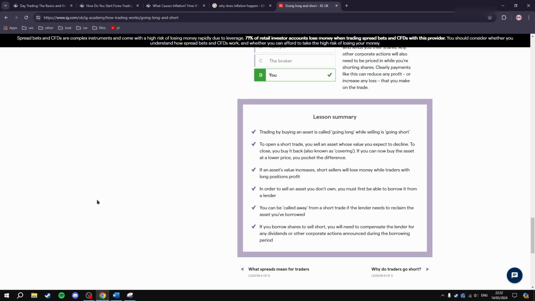In order to sell an asset you don't own, you must first be able to borrow it from a lender. You can be called away from a short trade if the lender needs to reclaim the asset you've borrowed. If you borrowed shares to sell short, you will need to compensate the lender for any dividends or other corporate actions announced during the borrowing period.